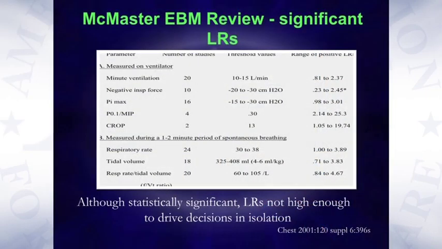The problem was each of these in isolation were not strong enough to really guide decision making. They correlated very well, but in terms of actually guiding decision making, each one in isolation really wasn't strong enough to be recommended as the number to follow for ventilator discontinuation.